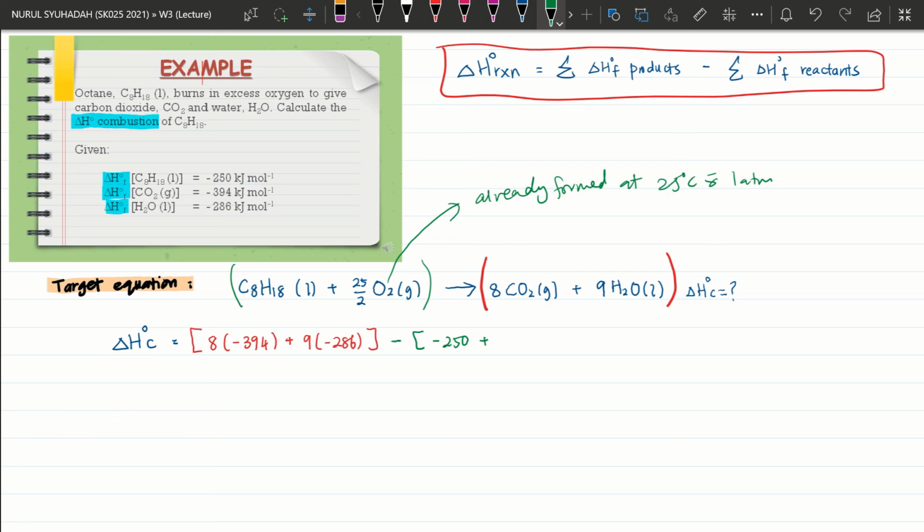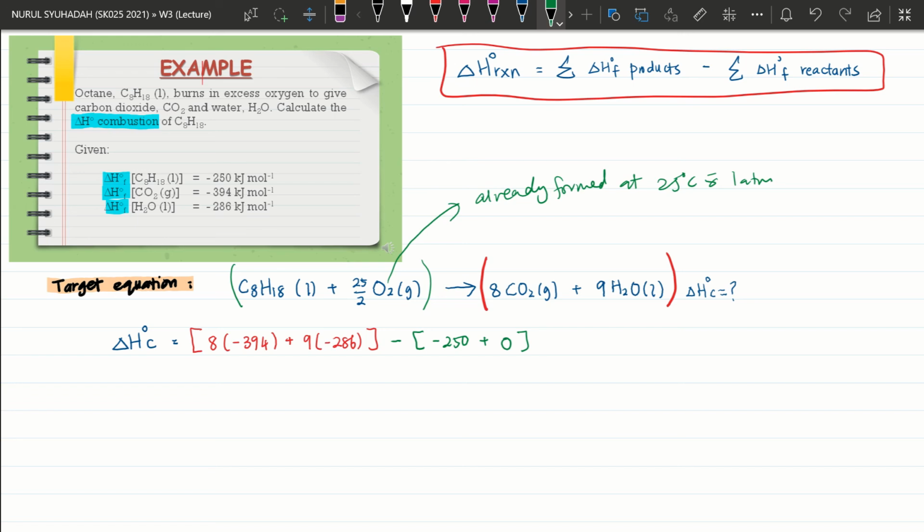Since oxygen already exists at room temperature, the standard enthalpy formation of oxygen will become 0. And this applies to any element at its most stable state.